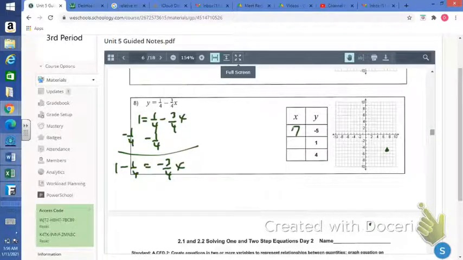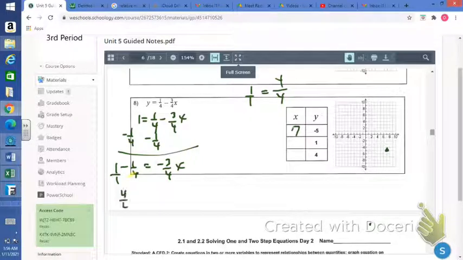Okay, so how do you write 1 over 1 with a denominator of 4, because we can't subtract them as is. They don't have a common denominator. So 1 times what gives you 4? 1 times 4 does. So you got to multiply the top by 4 as well. So we're going to get 4 over 4.